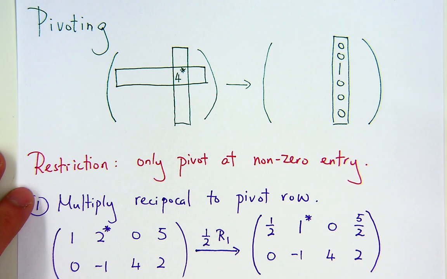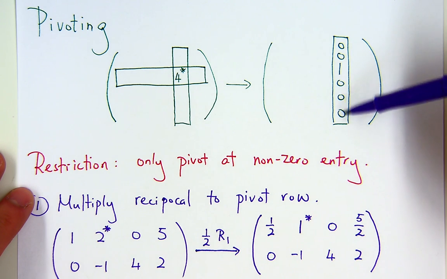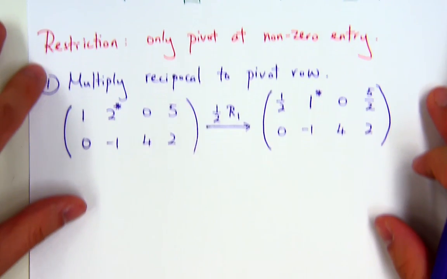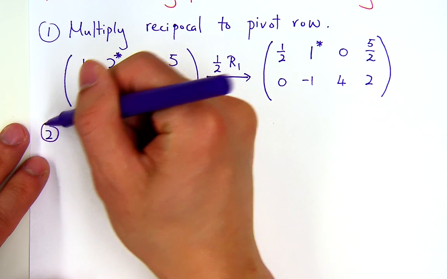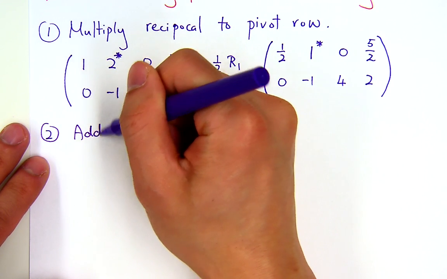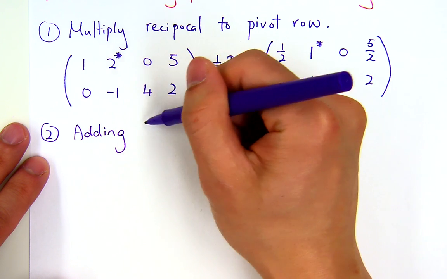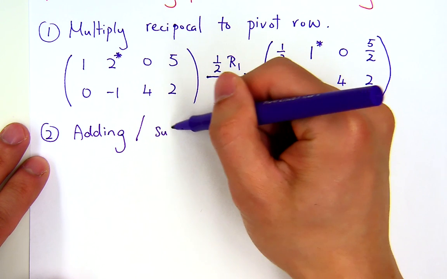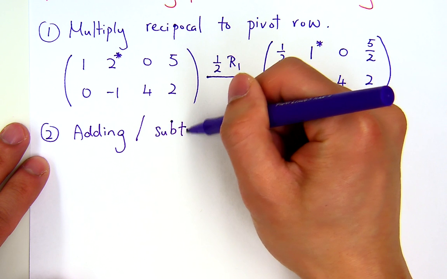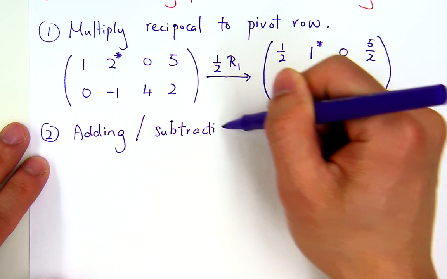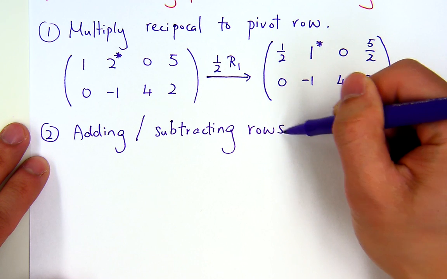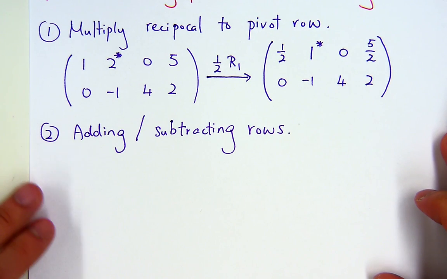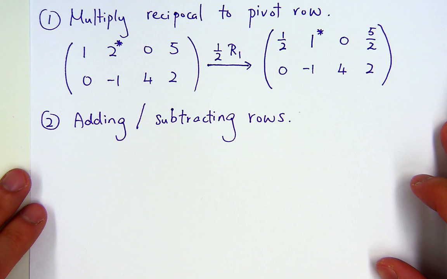In the second step, we are going to try to get these zeros in the pivot column. But how? We are going to do it by adding or subtracting rows. This is slightly more complicated, and I'm going to go over it very slowly.